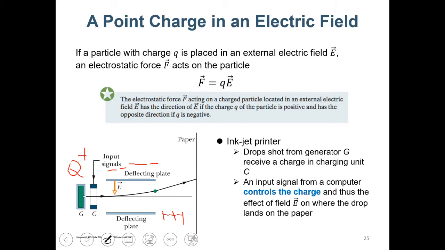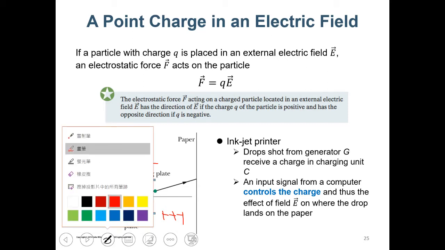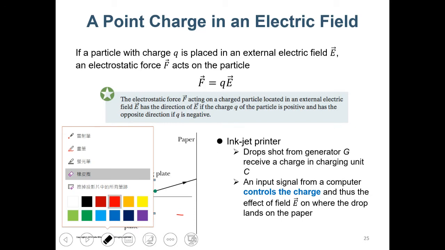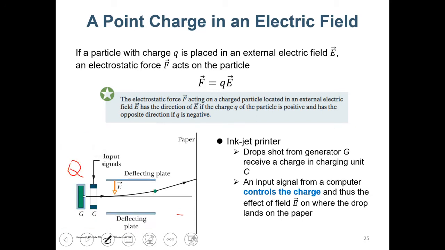well, no, I think Q is not positive in this case. I think Q should be negative for this case. If Q is positive, it is the other way around, but the direction of the E field is already drawn, so Q should be negative for this case, and the lower plate should be negative, the upper plate should be positive, so that the E field points in the downward direction.